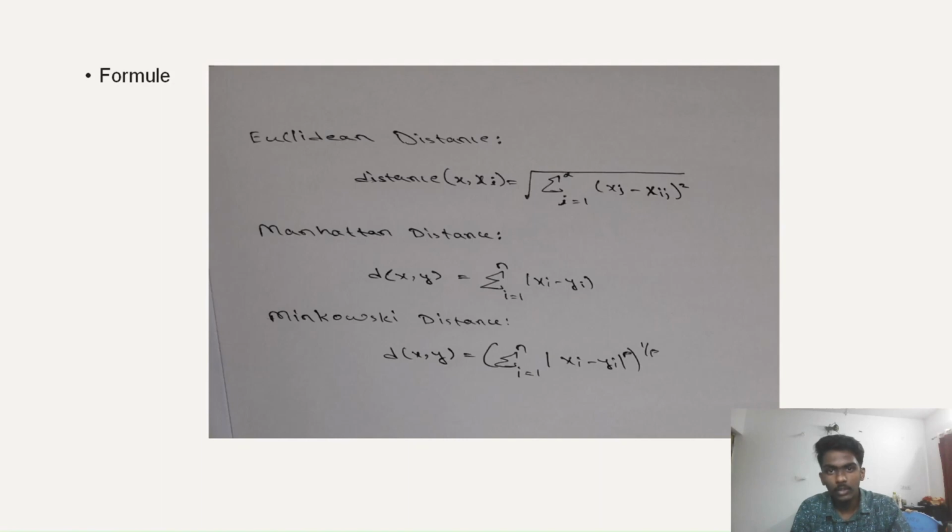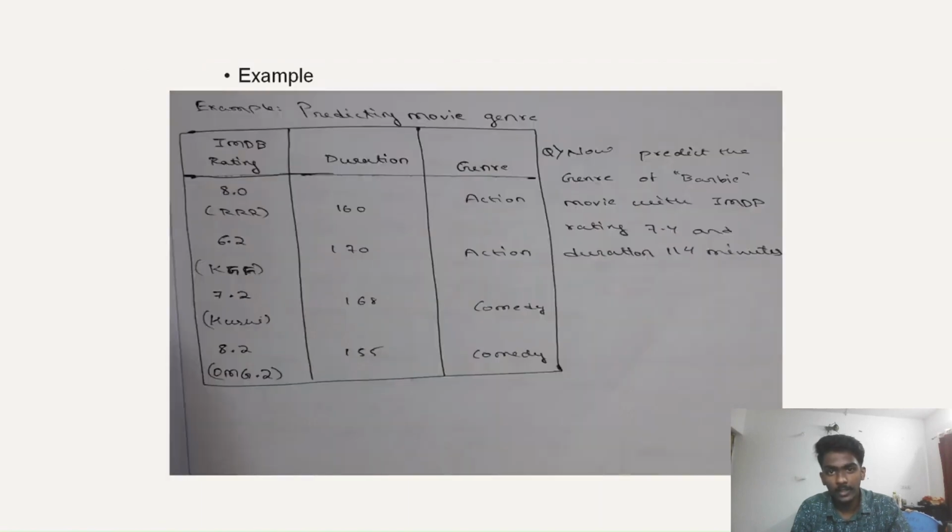Now let's solve a problem based on the KNN algorithm by taking an example of predicting movie genre. Here I have taken four movies: RRR, KGF, Khushi, and Oh My God 2. By comparing IMDb rating, duration, and genre, RRR has 8.0, 160 minutes, and the genre is action. KGF has rating 6.2, duration 170 minutes, and the genre is action.